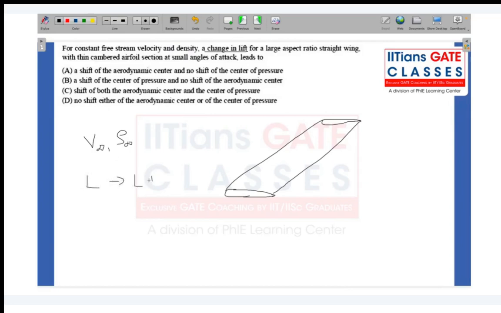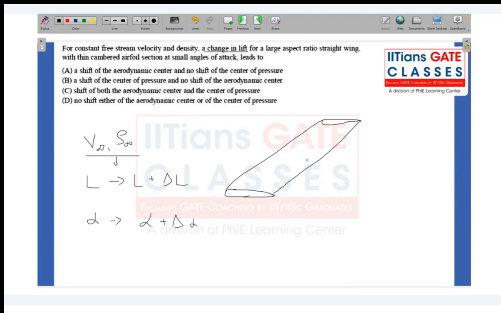So we can imagine that if velocity and density are remaining the same, what probably is changing the lift is nothing but your change in angle of attack. So let's say your alpha became alpha plus delta alpha, because there is nothing else, right? Because anyway, the 3D effects are neglected, so it could not be that which is creating a small change in the lift. So ultimately, it should be the alpha, the angle of attack, that is creating this change in lift.